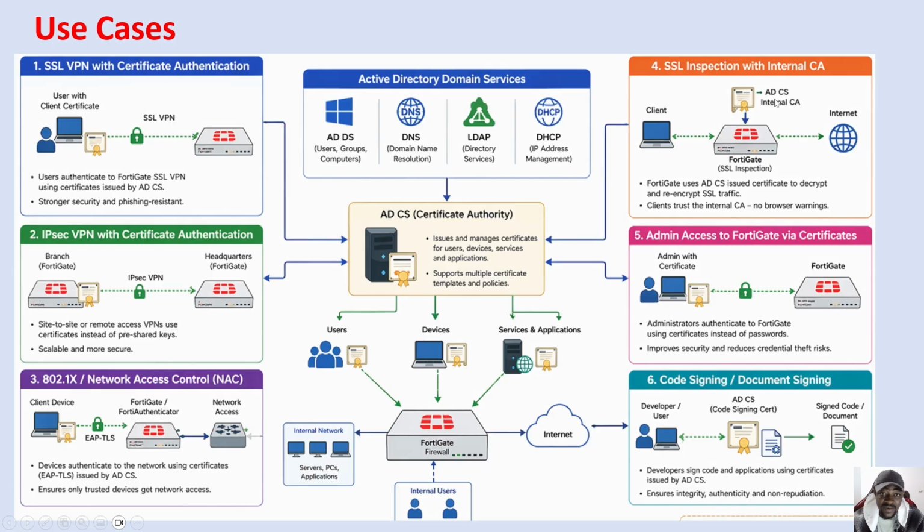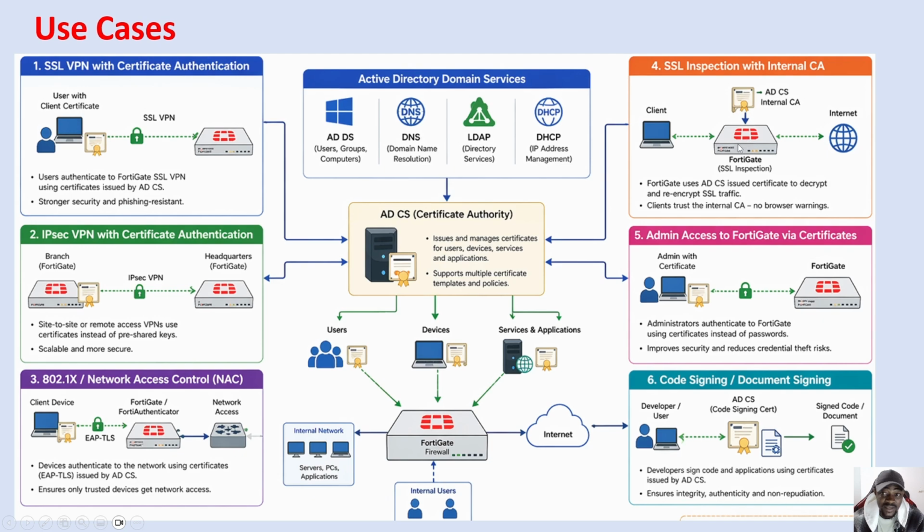The fourth use case that I provided here is the SSL inspection with internal CA. As I said, on your FortiGate device, we saw in some previous videos how to implement security profiles. In those security profiles, we talked about SSL, SSH inspection modes and inspection methods.